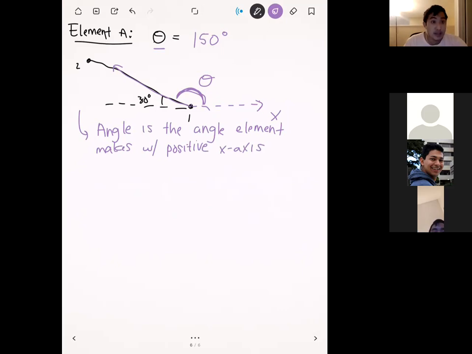And that's if you draw your arrow from the lower numbered node to the higher numbered node.